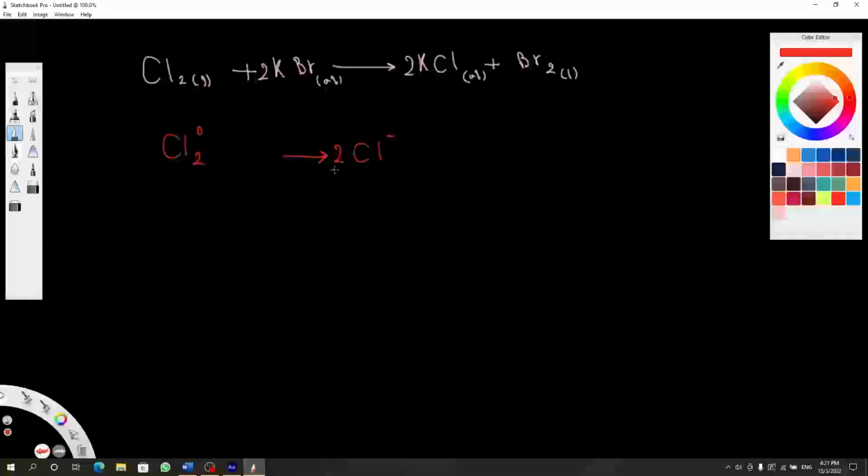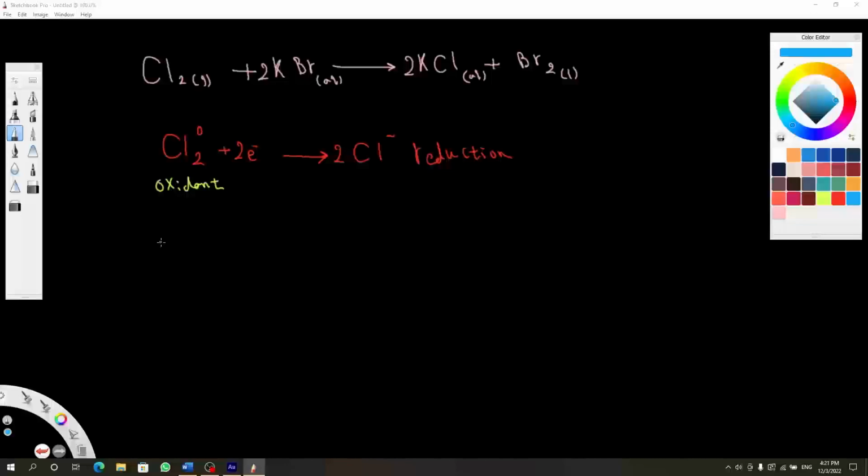Which means that chlorine gained 2 electrons. Each chlorine atom gained 1 electron. Gaining of electrons is called reduction, meaning that Cl2 or chlorine is an oxidant or an oxidizing agent.